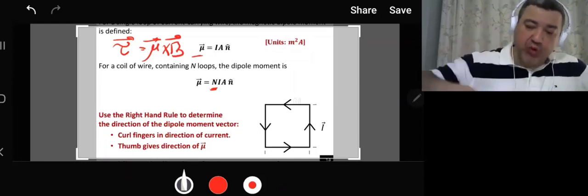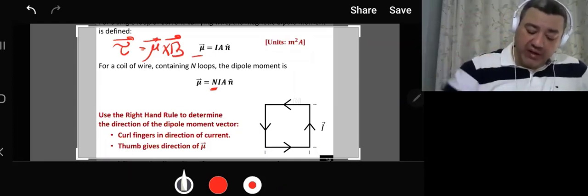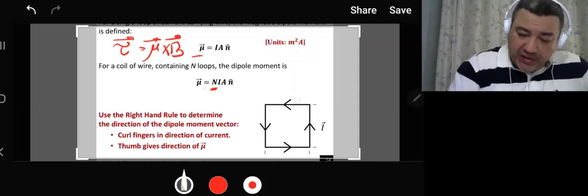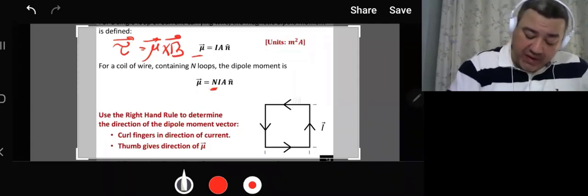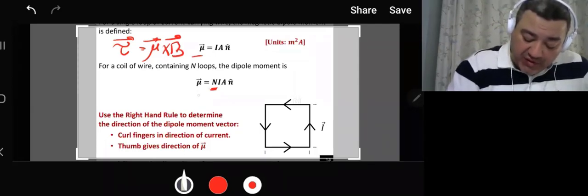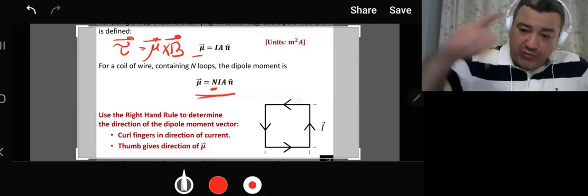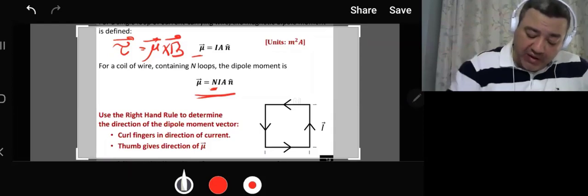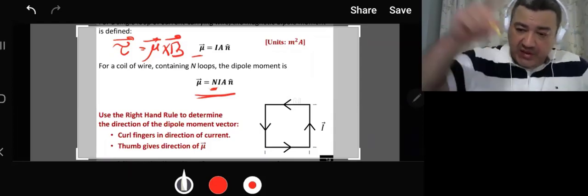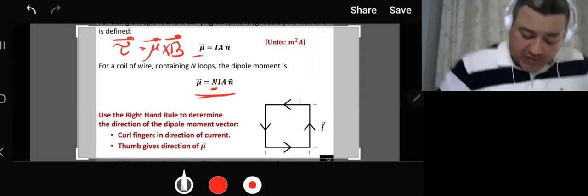So the more loops I have in the coil, the stronger magnetic dipole moment I have. So the magnetic dipole moment in general is represented as N, the number of the loops in that coil, times the current times the area of that loop.